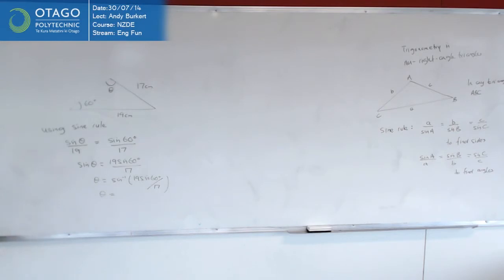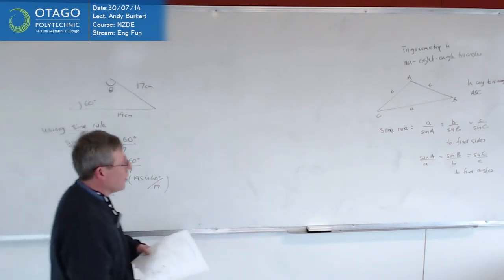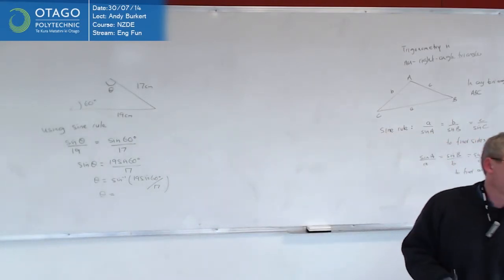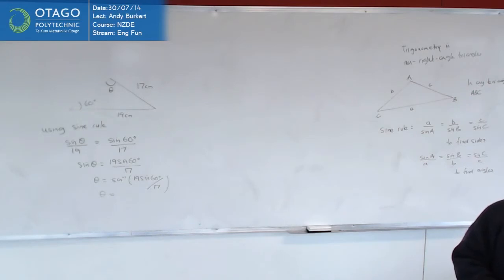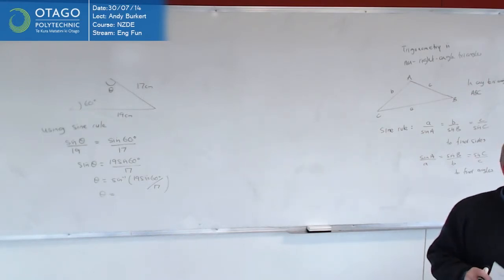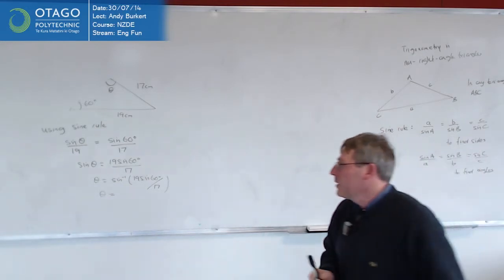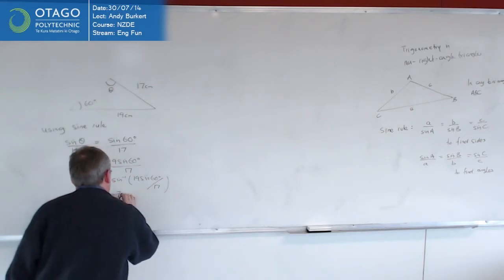So can someone do that on their calculator? To 3 significant figures, 75.4. Yeah, so that's 75.4 degrees. Okay?